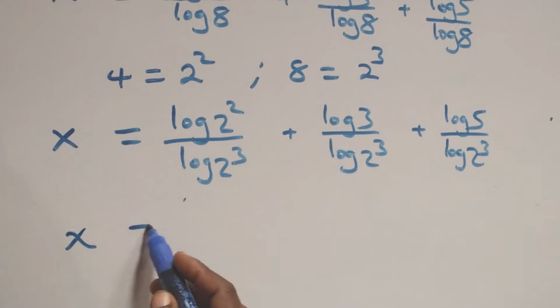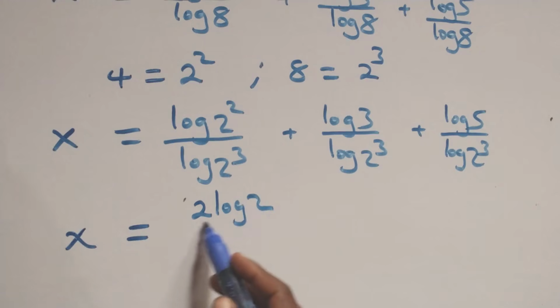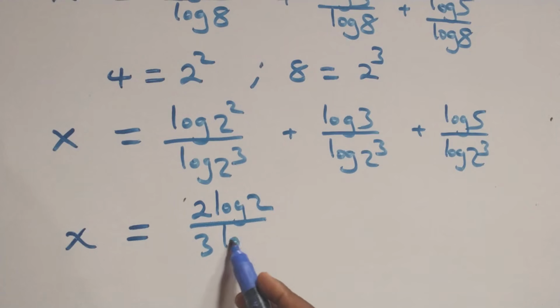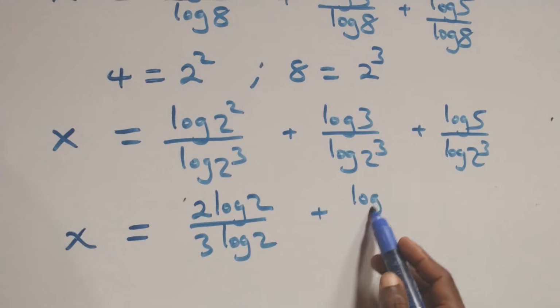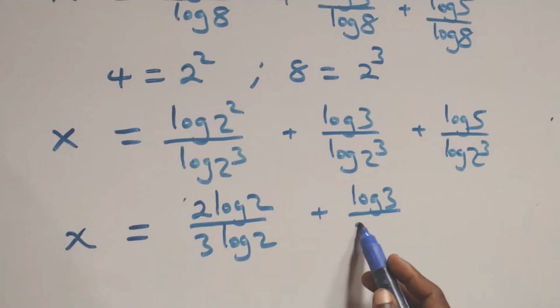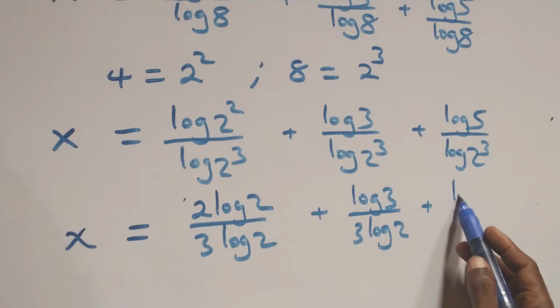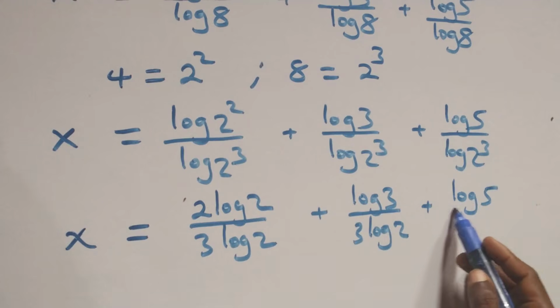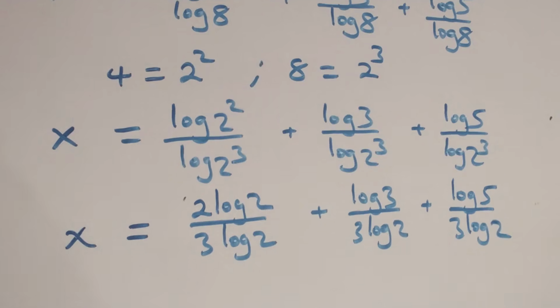We have x equals 2 log 2 over 3 log 2 plus log 3 over 3 log 2 plus log 5 over 3 log 2.